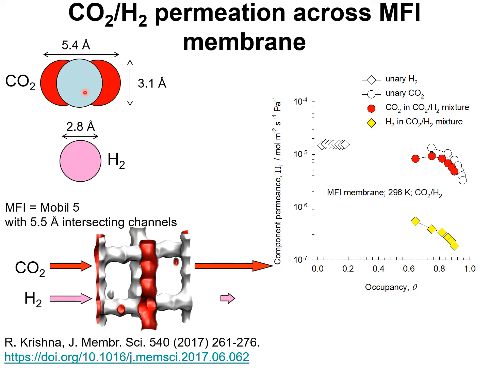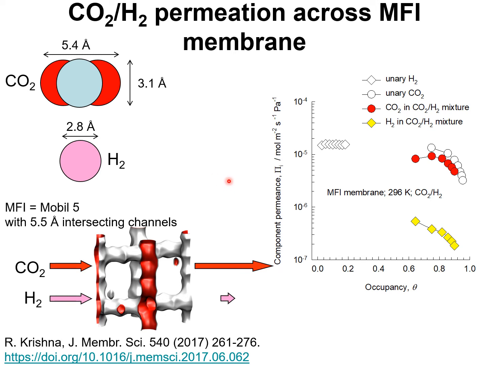Now, CO2 has a much stronger absorption strength than hydrogen, but hydrogen has a much greater mobility than CO2. The permeation characteristics are dictated by a combination of mobility and absorption strength.